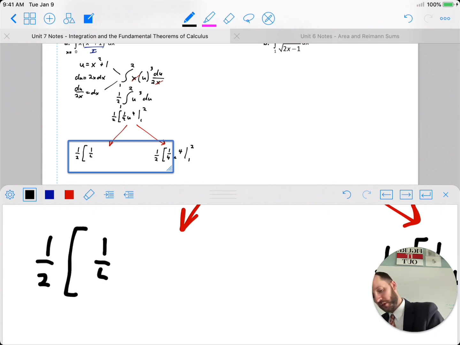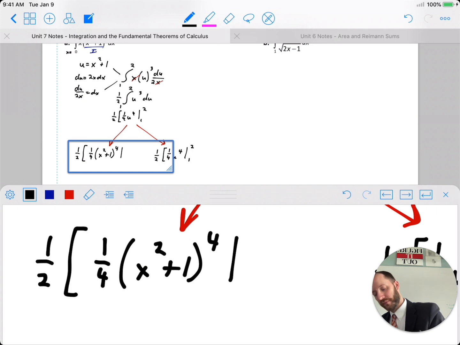So 1/4, now it's not u, it's x squared plus 1 to the fourth. And then re-substitute all of your x values, so the x variables and your x bounds, 0 to 1.